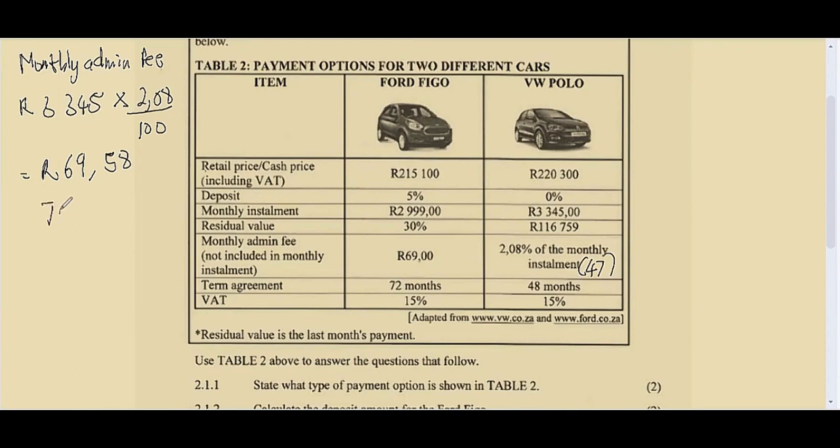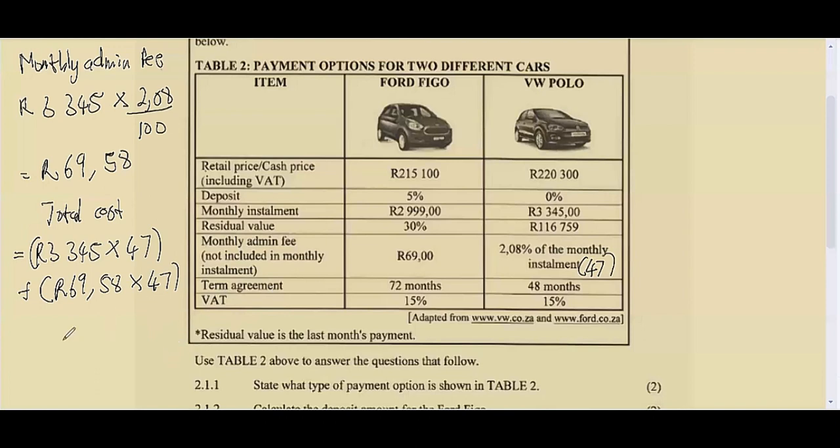Then in order to calculate my total cost, it is the total value of the monthly installments, which is 3,345 multiplied by 47, because Mrs. Smith will be making 47 monthly installments of 3,345, and also 47 monthly installments of 69.58.